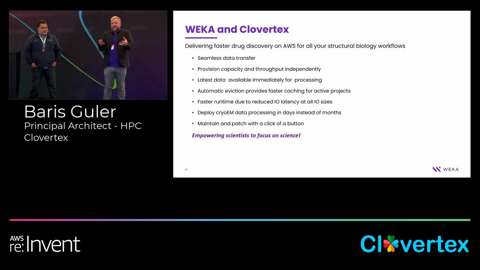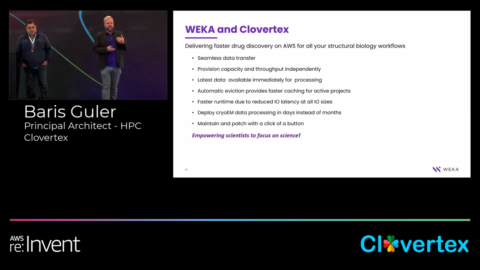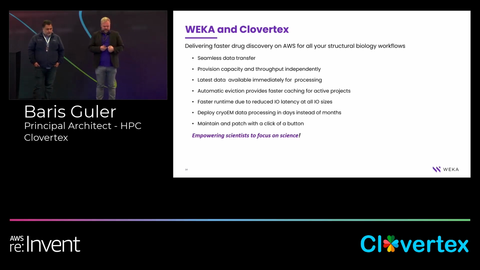We can make the latest data available to researchers quicker, allowing them to drive results faster. We can automatically evict data, which allows for better caching and faster run times due to reduced I/O and latency. Again, faster time to outcomes for customers and drug researchers.